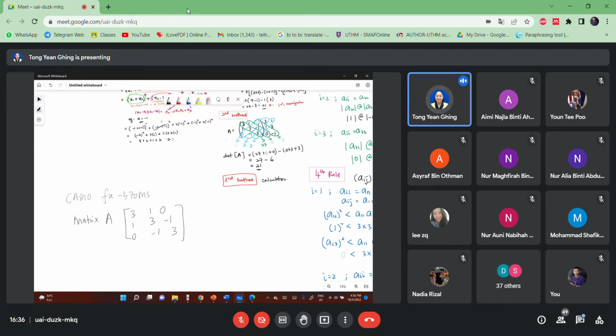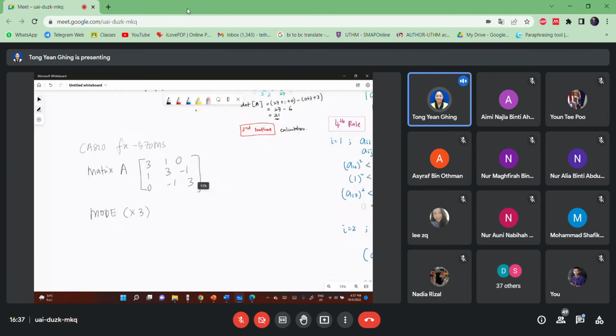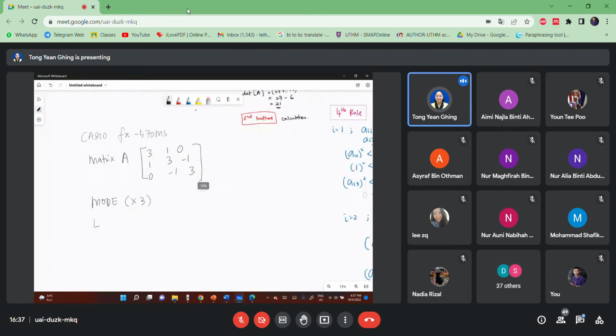So if you want to key in the matrix in the calculator, you firstly have to press mode. Press mode 1 time, 2 time, 3 time. After you press mode 3 times, you will see these options: number 1, math, like this.